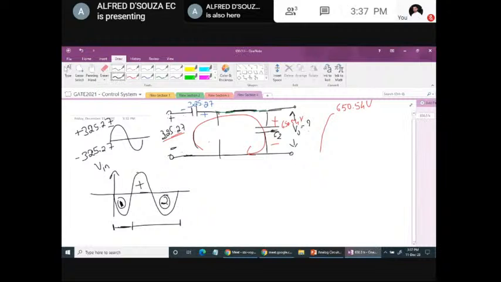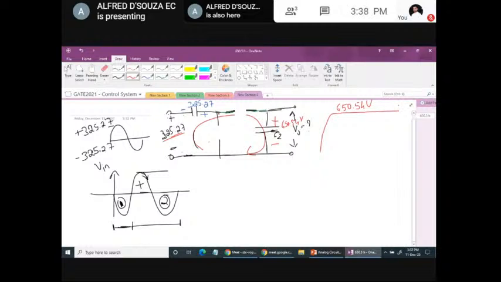As soon as the voltage starts to drop from its maximum value, immediately this diode becomes reverse biased. This is not forward biased yet, but this is reverse biased.